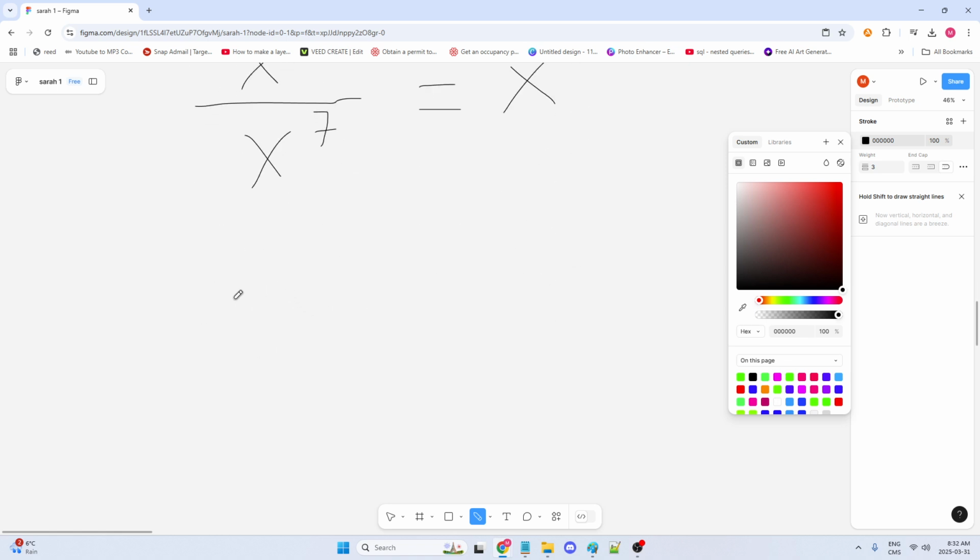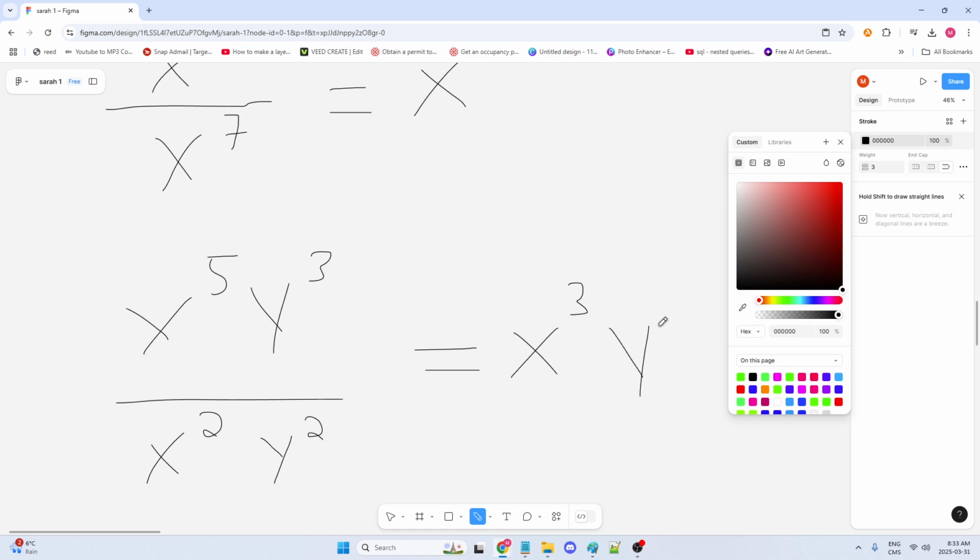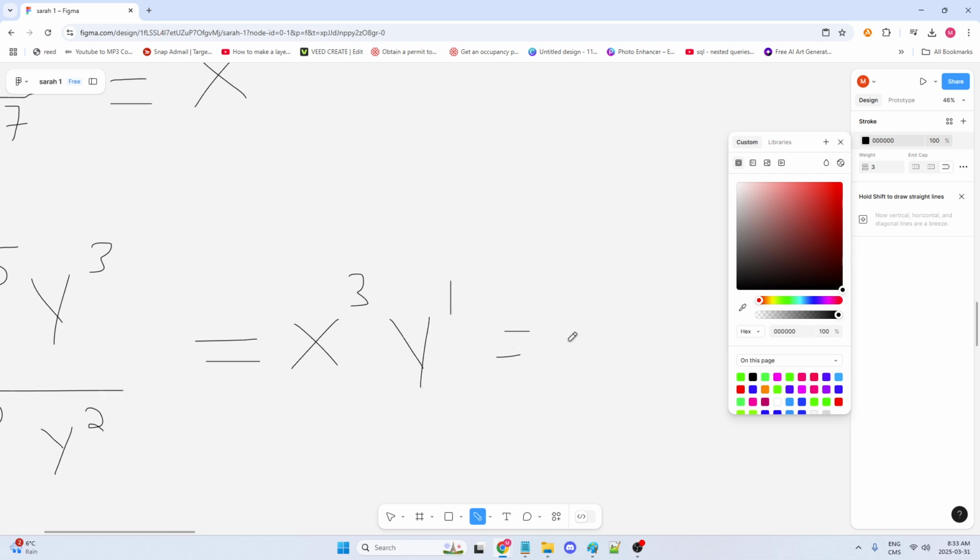Now let's continue. So you have x to the 5 and y to the 3 here, and here you have x to the 2 and just y. Now how do you solve this? So you go one by one. It's 5 minus 2, 3. For y, 3 minus 1 is y to the 2, which is equal to x to the 3, y to the 2.